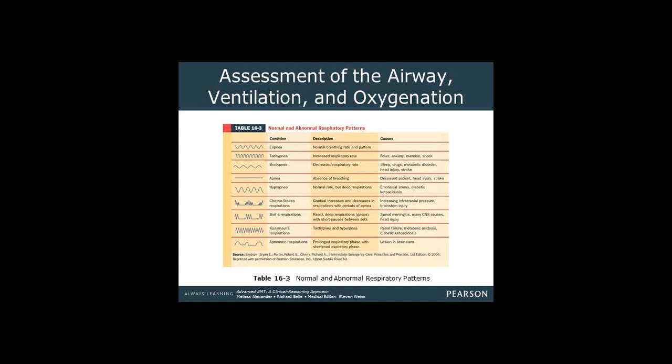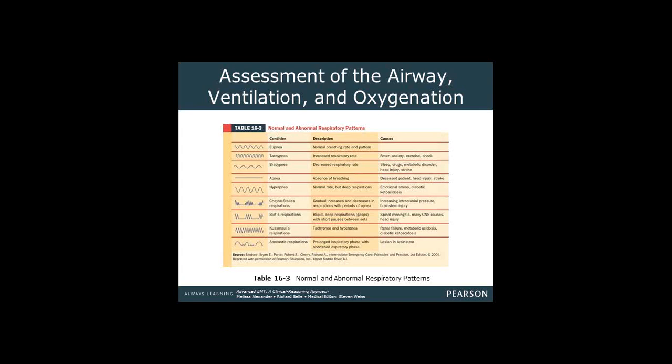Kussmaul's respiration, and apneustic respiration. So to dive into that just a little bit more, eupnea means normal breathing. EU in front of anything generally means normal. Tachy and brady. Tachy specifically means fast, brady specifically means slow. So this has just to do with the rate.